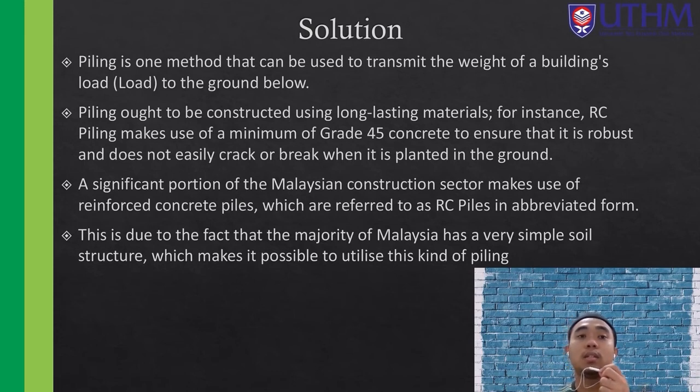Third, a significant portion of the Malaysian construction sector makes use of reinforced concrete piles, which are referred to as RC piles in abbreviated form. Fourth, this is due to the fact that the majority of Malaysia has a very simple soil structure, which makes it possible to utilize this kind of piling.